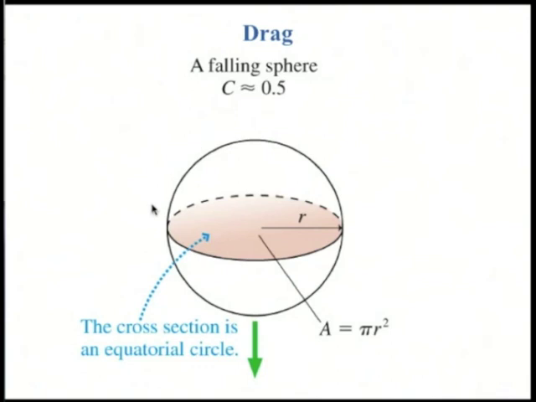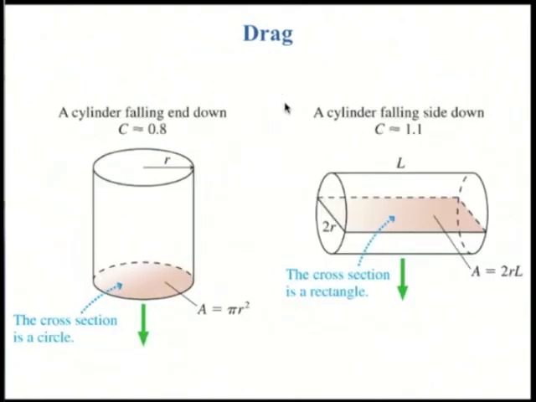For example, if you have a smooth spherical object moving through the air, the cross-section is pi r squared, where r is the radius of the sphere, and the drag coefficient is 0.5. If you have a cylinder falling end down, then again the cross-section area is pi r squared, but in this case, due to the shape, experimenters have found that the drag coefficient is 0.8.